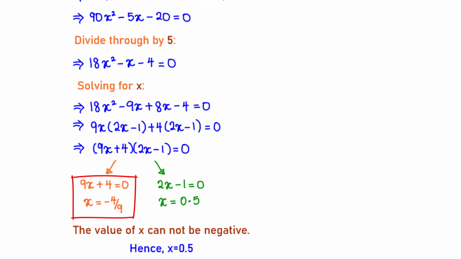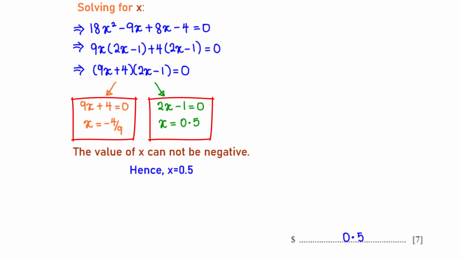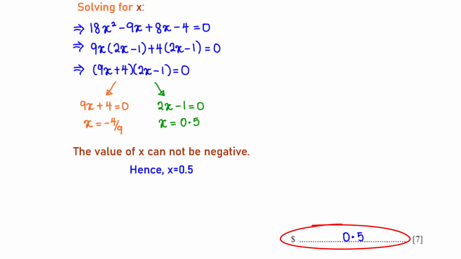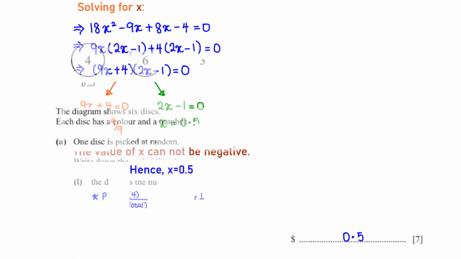When we equate 9x plus 4 to 0, we get x equals negative 4 over 9. And when we equate 2x minus 1 to 0, we get x equals 0.5. The value of x is the price of a cake and cannot be negative. Therefore, x is equal to $0.5.